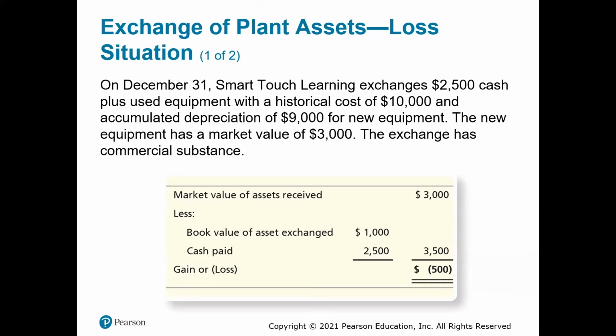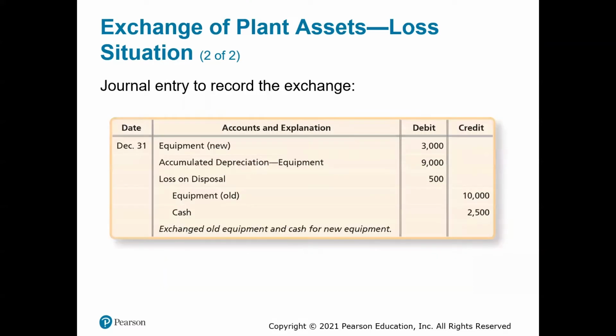There is a loss of $500 on this transaction. The journal entry removes the old equipment and its accumulated depreciation. It records the new equipment and payment of cash, and it recognizes the loss on disposal.